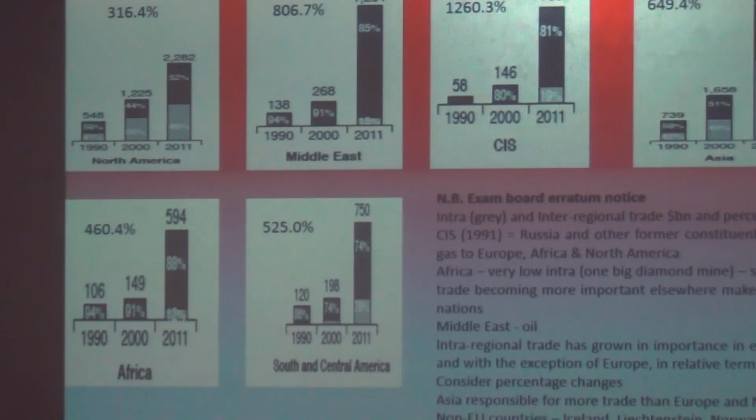Now therein we are showing that trade between developing nations has increased quite significantly, and this is what we are shown in figure 4.2 in the new data for 2011.